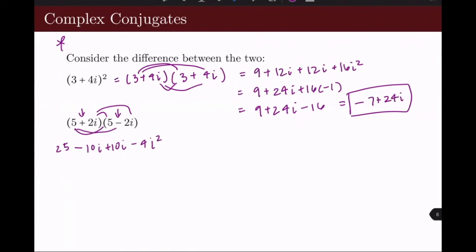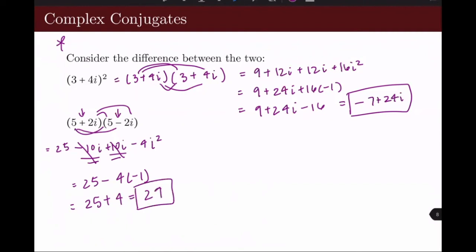Now this is pretty nice. Negative 10i plus 10i is 0, so those cancel. So we're just going to have 25 minus 4 times negative 1, which is going to equal 25 plus 4, which is 29. And notice here that there is no imaginary part.